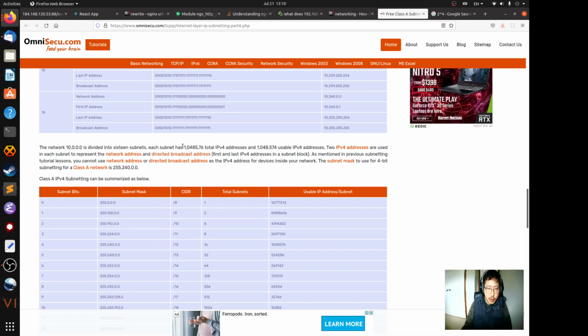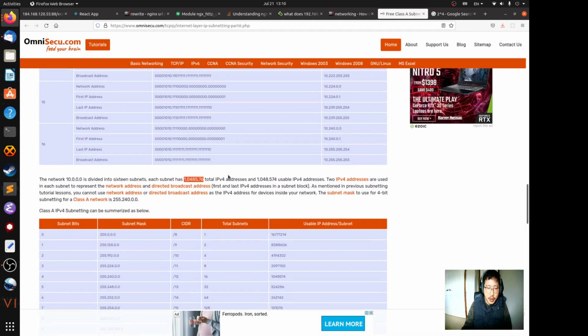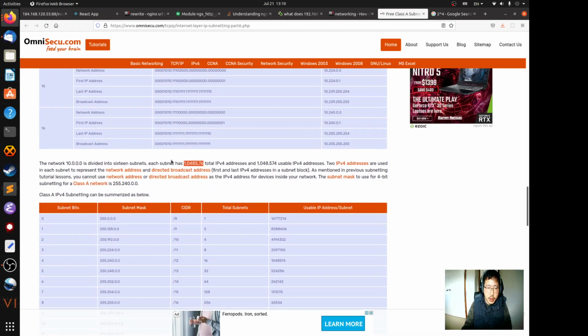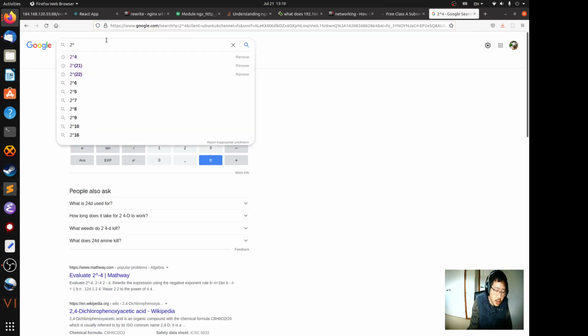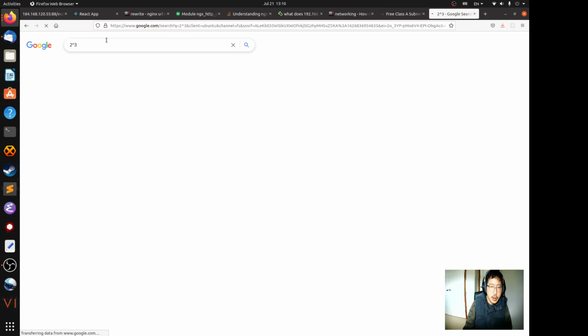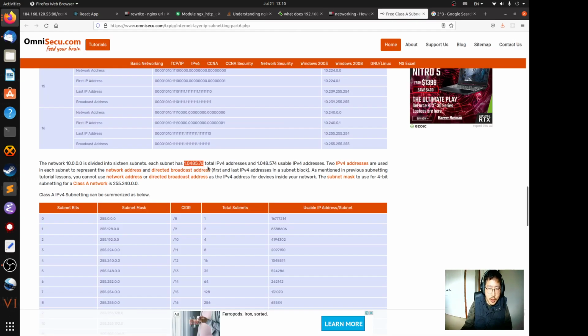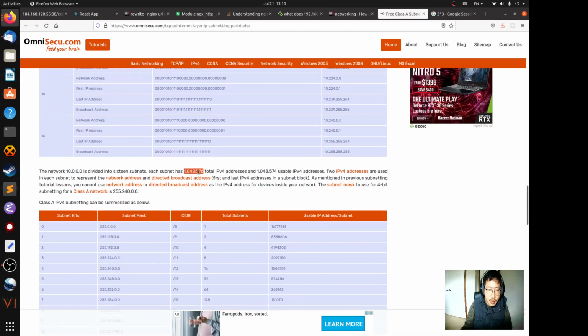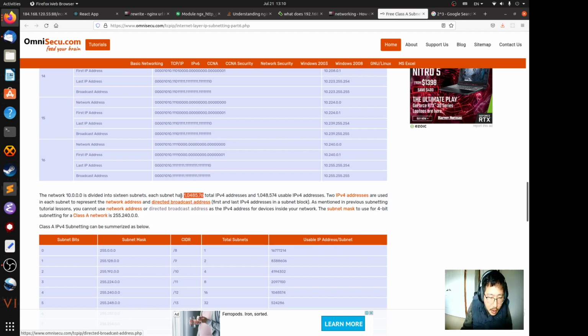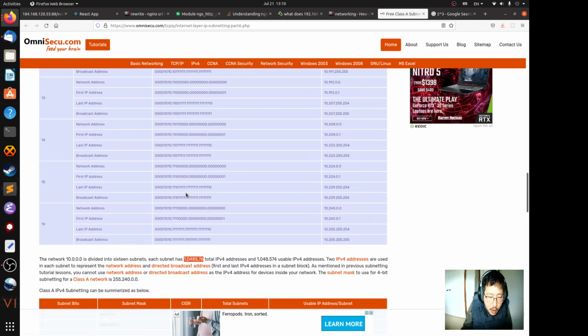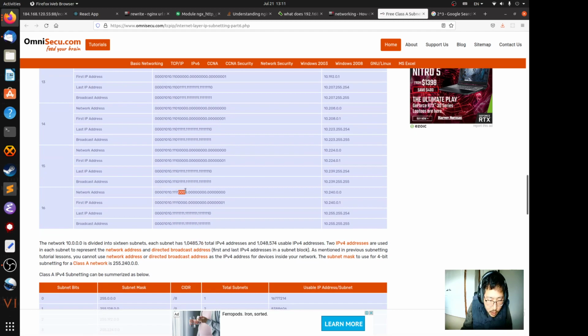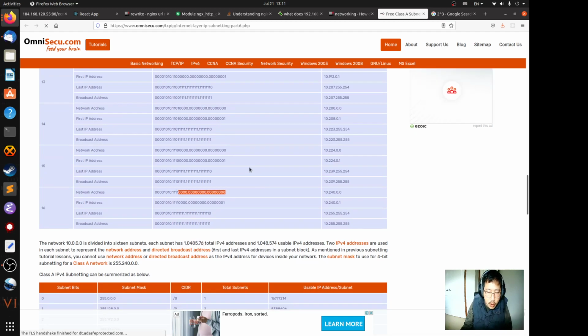Can you calculate how many possible hosts each subnet has? The total hosts possible? As you can guess, it's one less bit. Sorry, I'll just do it here. So we have these bits for the host.